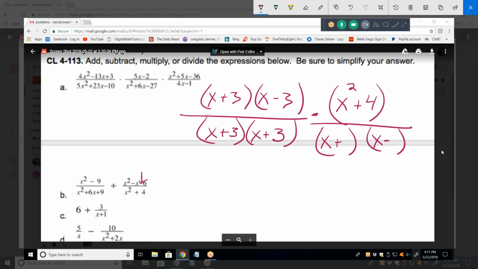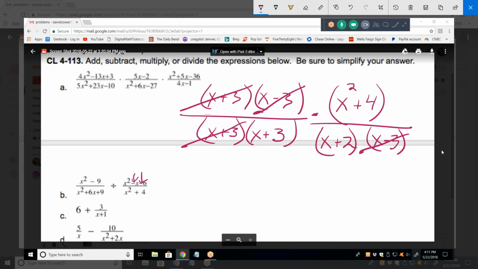Okay, where's the 3 go? With the plus sign. No, the bigger factor goes with the sign of the middle term. The middle term is negative, so the 3 has to go there. And the 2 goes there. Okay, now again, we can cross off that, that, that, that.